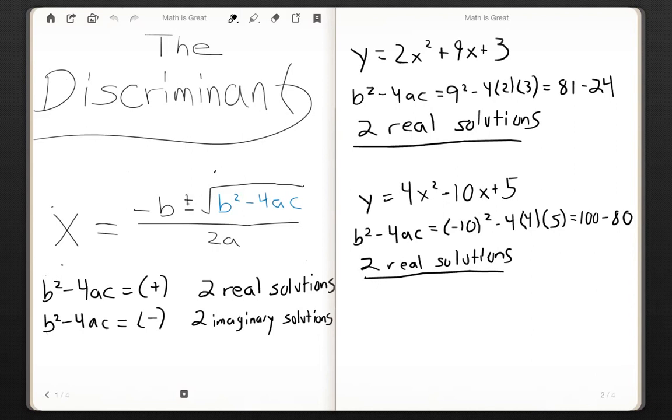So even though we have a plus minus, we really only have one solution, because adding 0 or subtracting 0 will be the same thing. So if the discriminant equals 0, then we're just going to have one solution, and 0 is obviously a real number, so it's going to be one real solution.